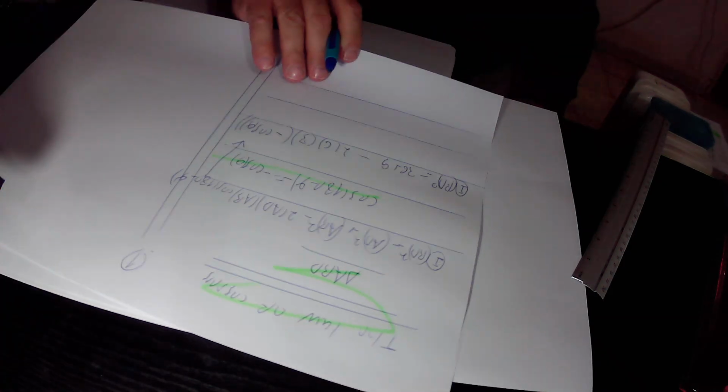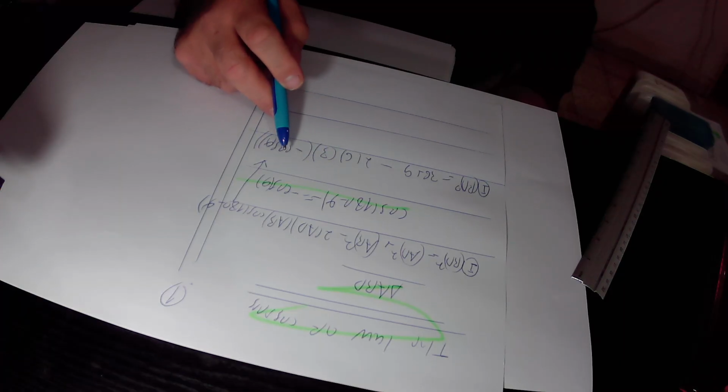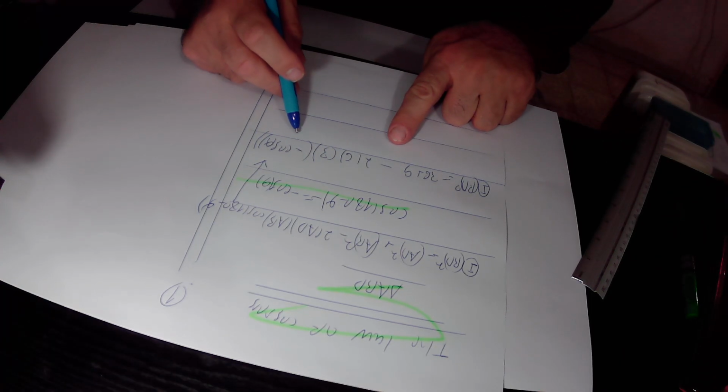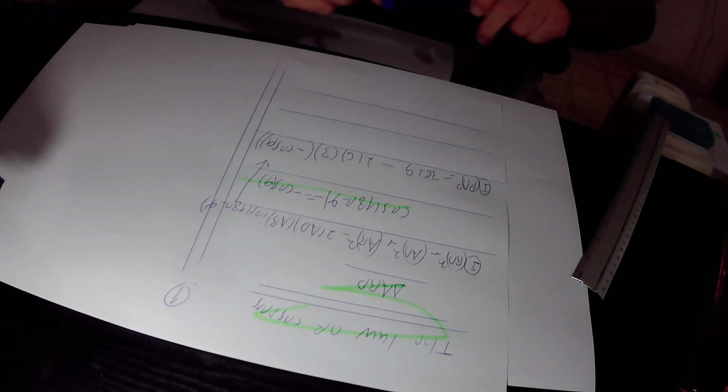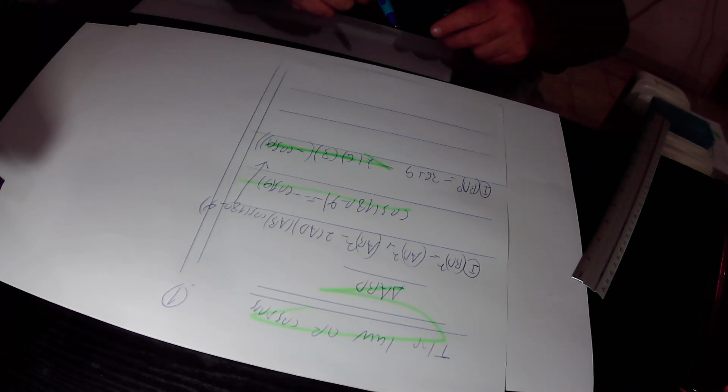And cosine 180 degrees minus alpha equals minus cosine alpha according to this trigonometric identity. So in this equation we have minus times minus, that is plus. So this expression in green is a positive expression.